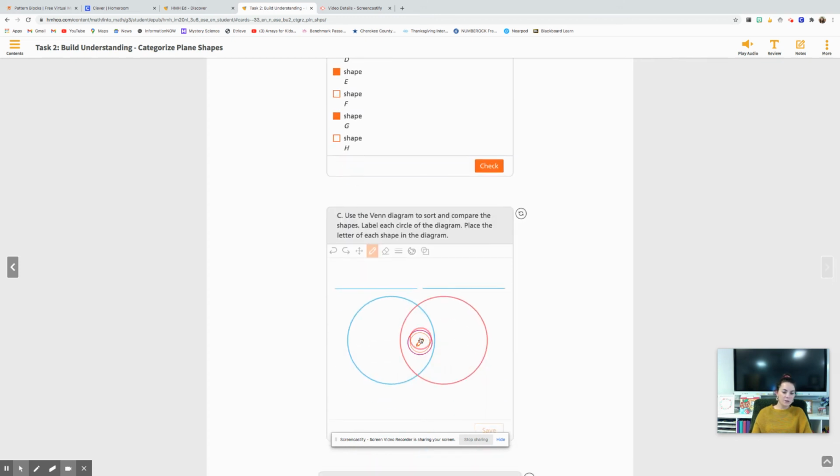Now, you may use this Venn diagram if you want to sort either the shapes into equal sides, not equal sides, or you could do quadrilaterals, not quadrilaterals, and redraw your actual shapes inside of there, okay? And I'll let you guys take your time to do that. If I were to do this, I would name this first one quadrilaterals, and this one not quadrilaterals, okay?